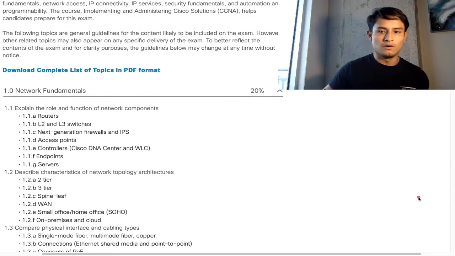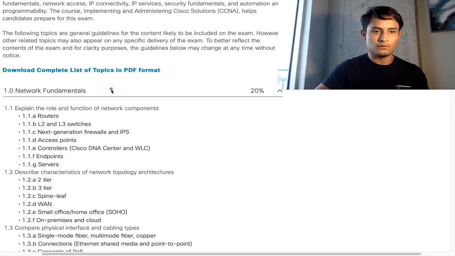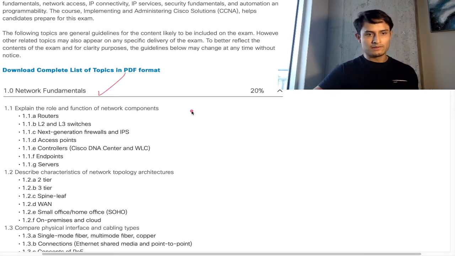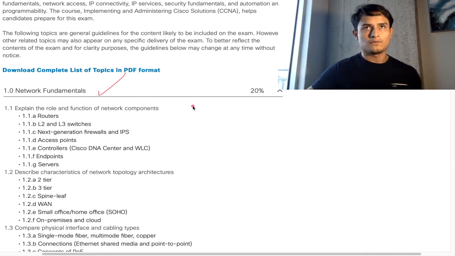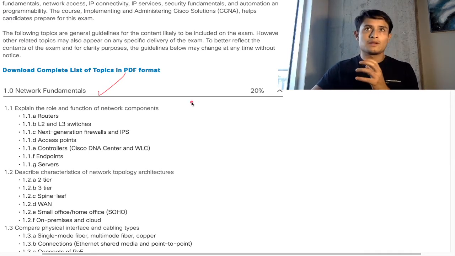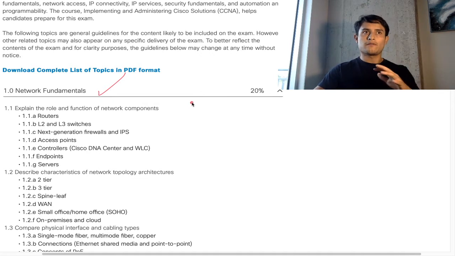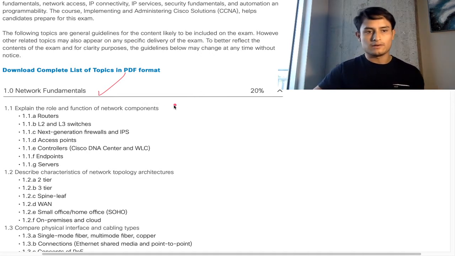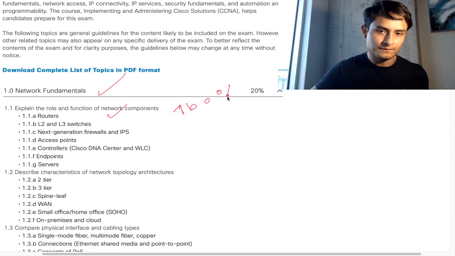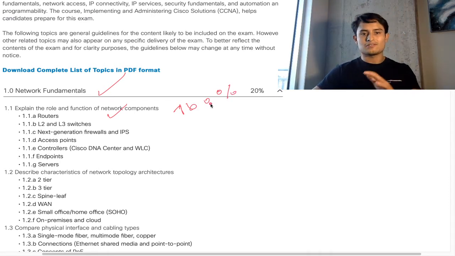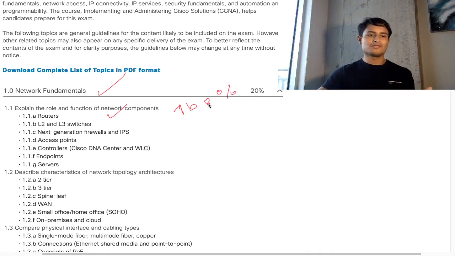Right here we have network fundamentals. Network fundamentals is very important to know because you really have to have a great understanding of how all the devices in the network are working and how they're connected to each other. For example, routers, you need to know routers 100%. One thing I forgot to say, I'm gonna give you some percentages of how much you need to know about these topics.